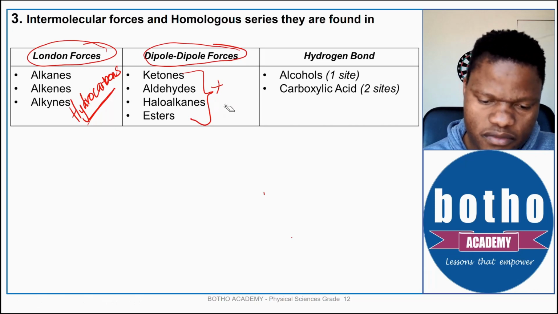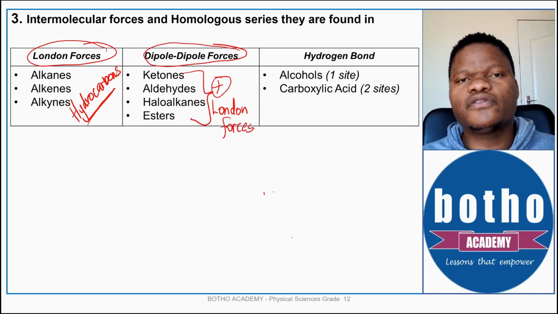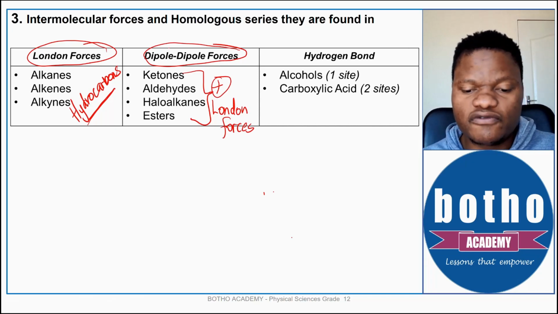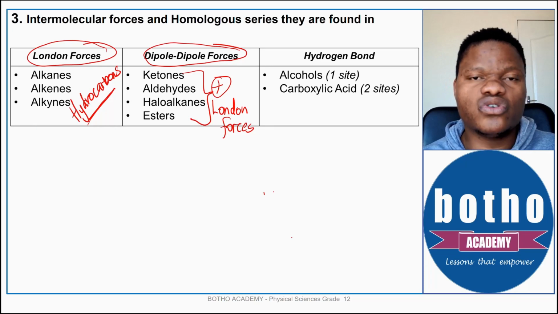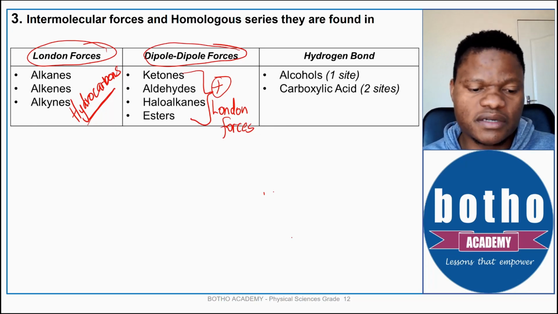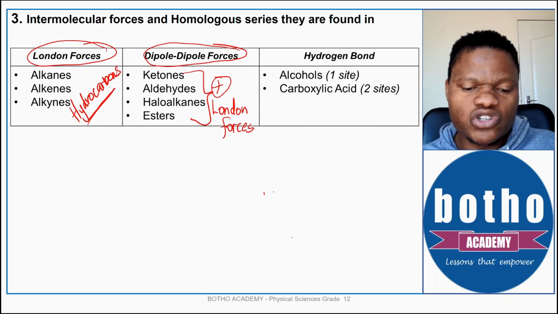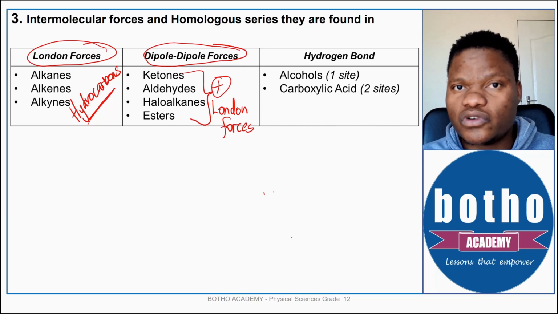Let me write this correctly. So you find that there are the London forces plus the dipole forces. Basically the London forces are everywhere, but because the hydrocarbons do not have any other types of atoms except hydrogen and carbon, they don't have other types of intermolecular forces.